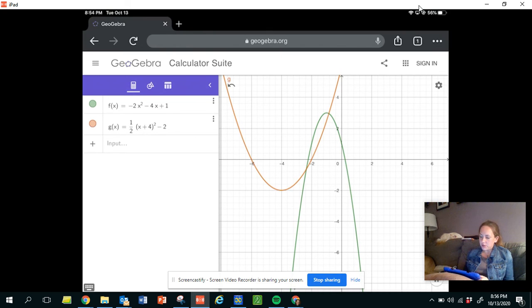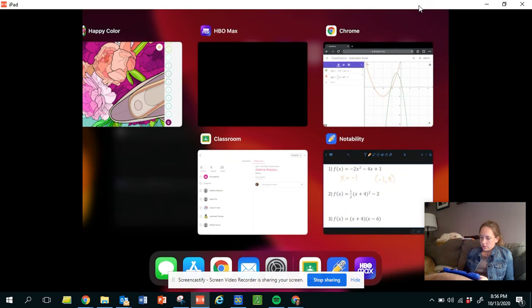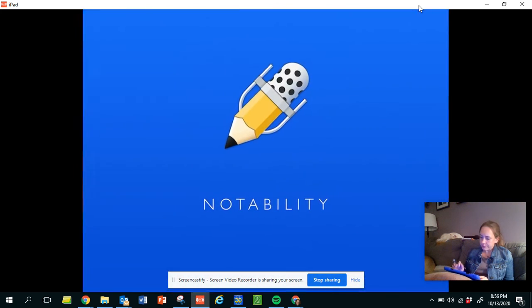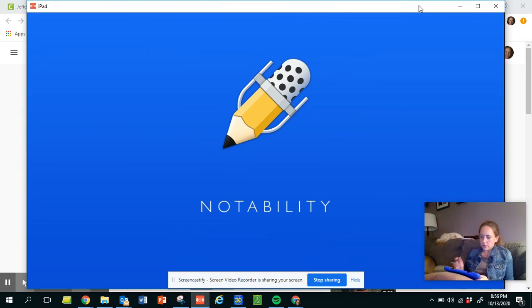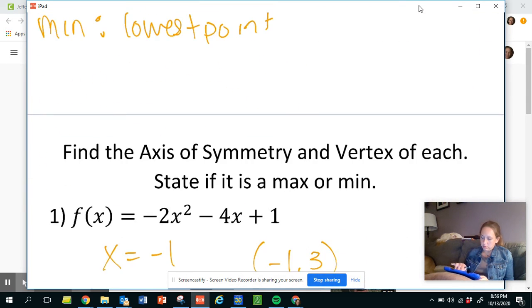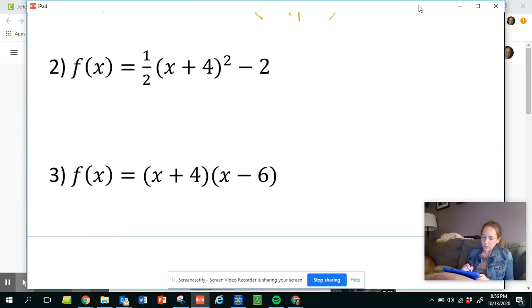So right now we're just looking at the graphs to find the vertex and the axis of symmetry. So the axis of symmetry is at -4, and the vertex is the point -4, -2.